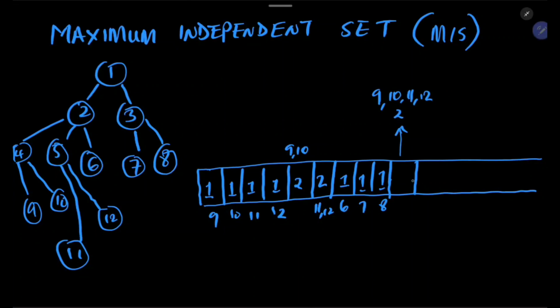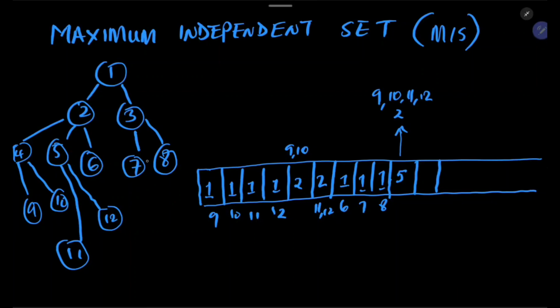And this would be 5 vertices. If we used 9, 10, 11, 12, and then 2, it means we can no longer count 1, which is the root node, and we can no longer count 4 and 5.